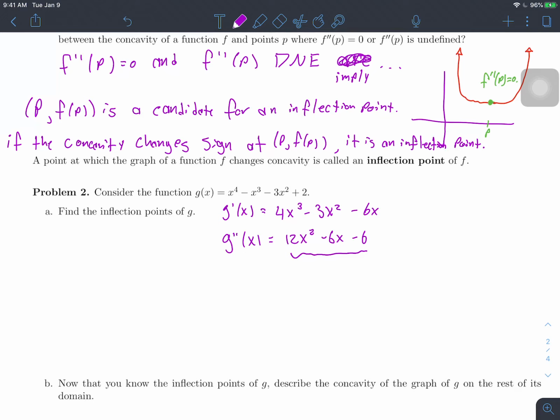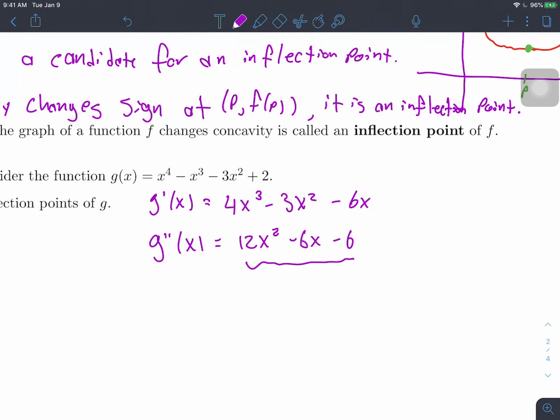Polynomials are nice and smooth, and the derivative of a polynomial is always a polynomial, and then the derivative of that will again be a polynomial. So we don't really need to worry about the DNE thing. So we're going to check when this is equal to 0. Well, I can divide the entire thing, both sides, by 6.